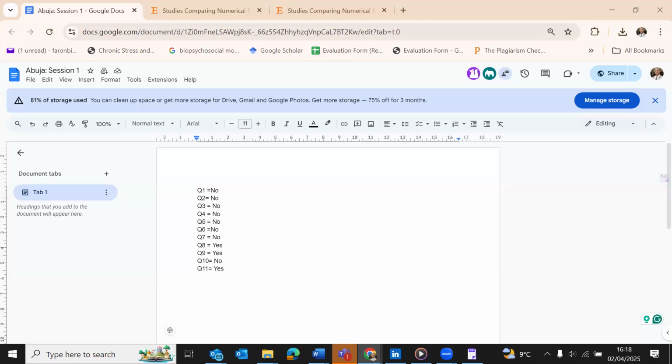Question number 8 asked whether the scientific quality of the included studies was used appropriately in formulating conclusions. We answered yes to that, because they stated that in the conclusion. There was also a question that asked whether there was any forest plot.